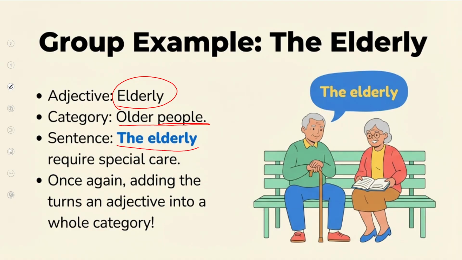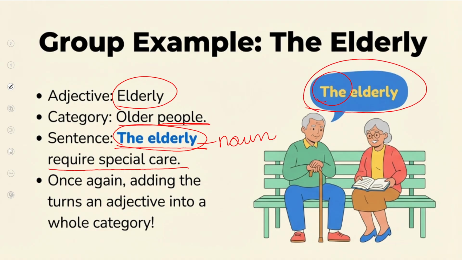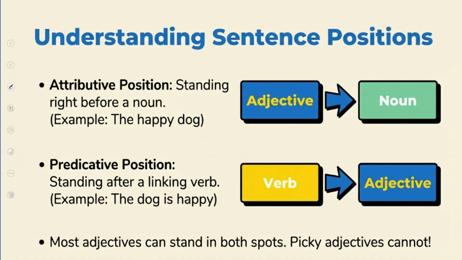So the elderly is no longer an adjective now. This is acting as a noun in this sentence. Now let's read it. The elderly requires special care. Now, can you see that by simply adding the, elderly transformed into a noun and it represents a whole group now? Got it?